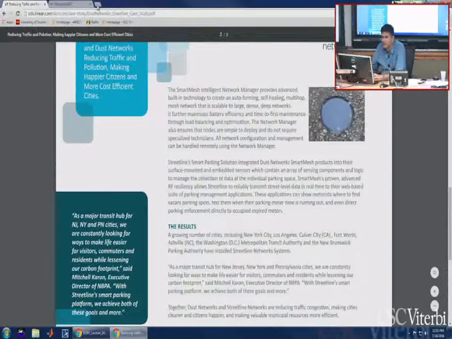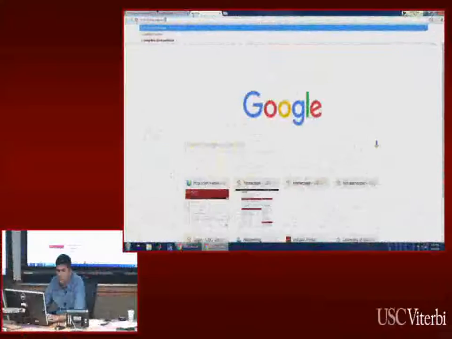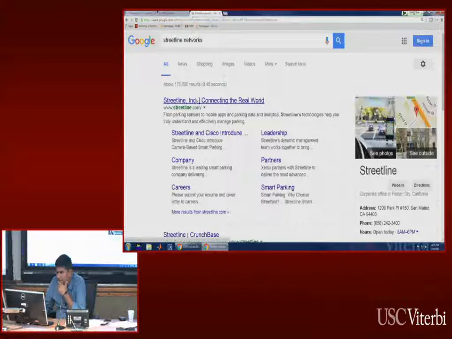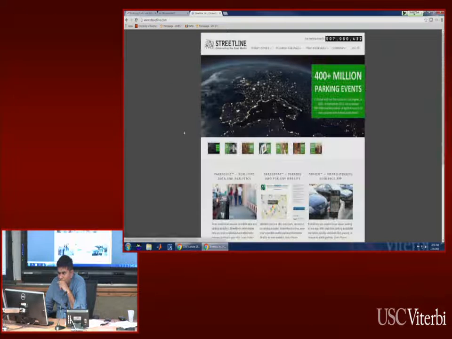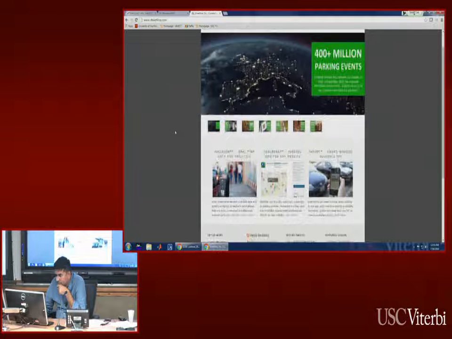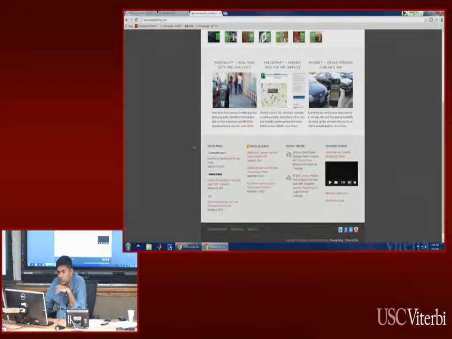So if we look at Streetline networks, here's their company. Let me see if there are any good visualizations of their system, but basically they're providing everything from street level sensors to mobile apps and parking analytics for cities to deploy these technologies.